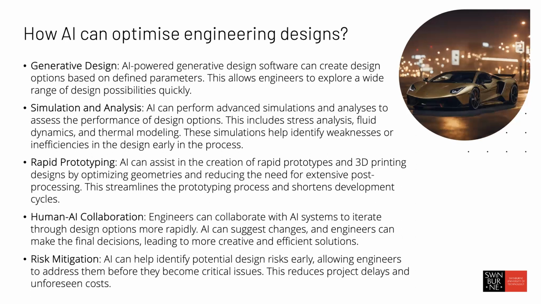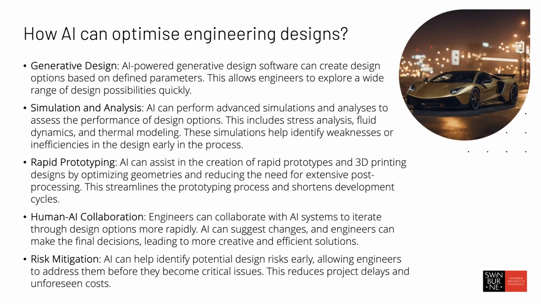Prototyping is another angle, because AI can assist in the creation of rapid prototypes, and with the help of 3D printing technologies, we can quickly prototype engineering solutions. This can streamline the prototyping process and shorten the development cycle.